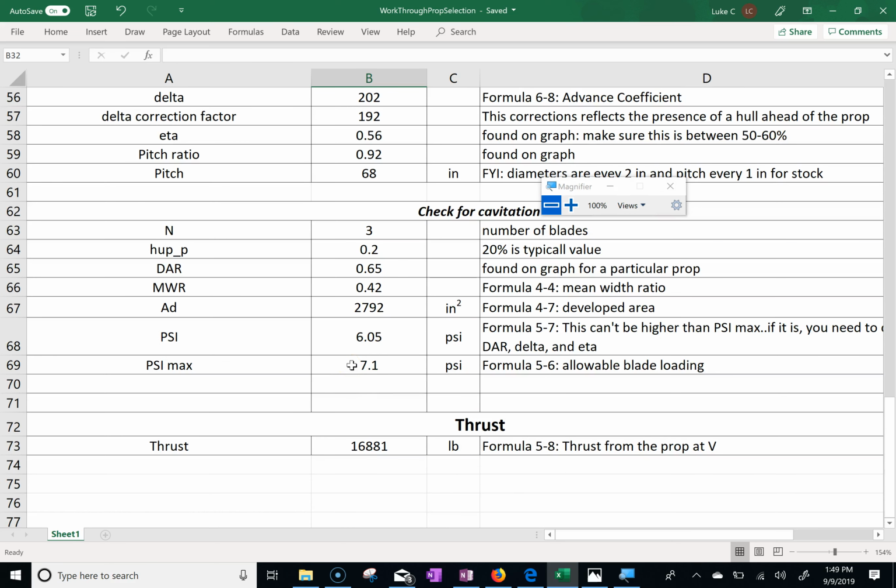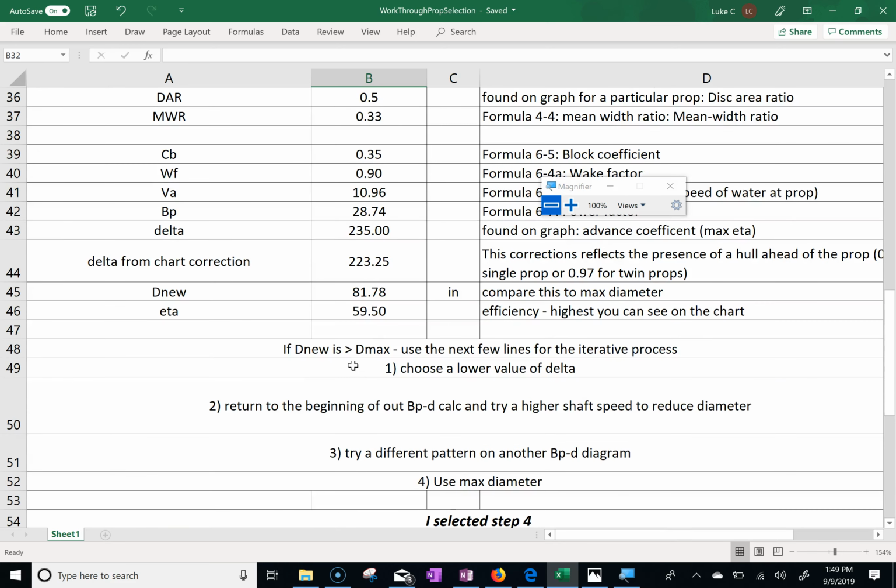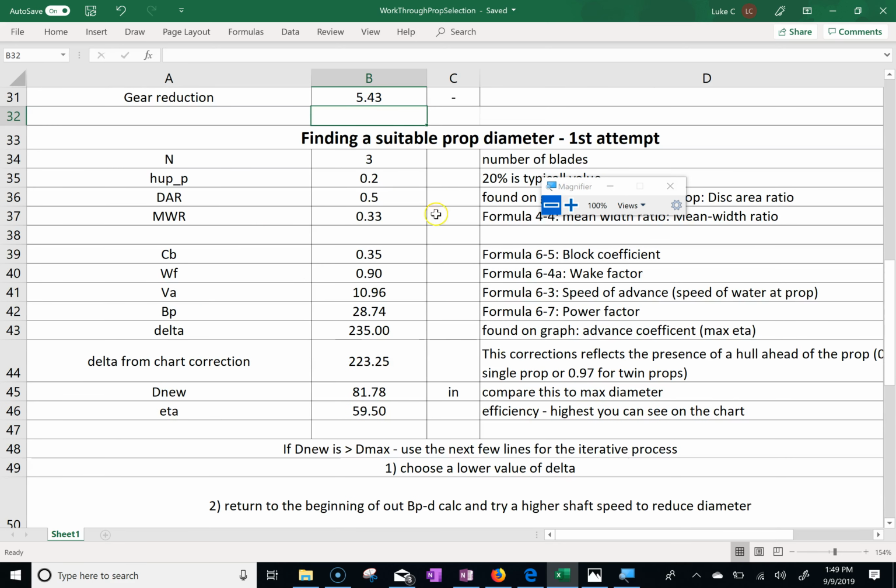I'm going to show you these parameters here, if you notice: the number of blades, what this value is, how you find these on the chart, and some other equations that we use. So really, we've initiated the process of what we need to know at the top of this shaft: RPMs, SHP.